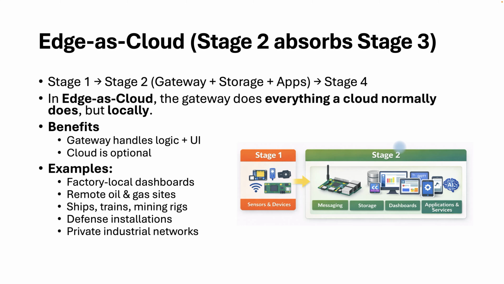No, that's not the case. This is also an IoT application where everything is performed in stage 2 only. Everything is done in the local gateway itself, including the dashboards, the complete visualization applications, the alerts, the analytics, everything. Here the edge itself acts as cloud.